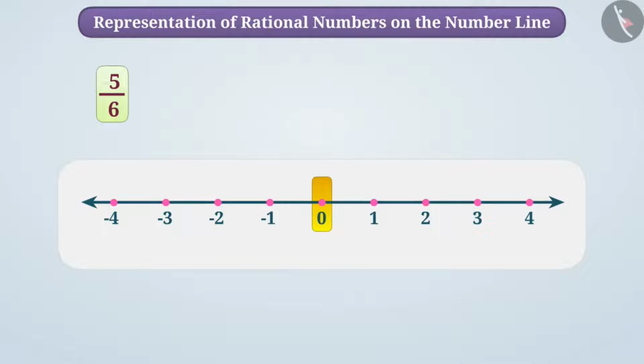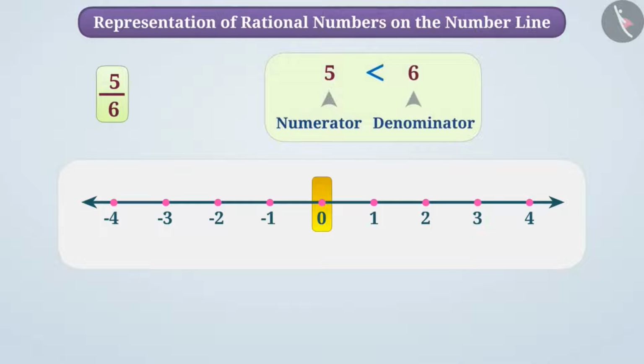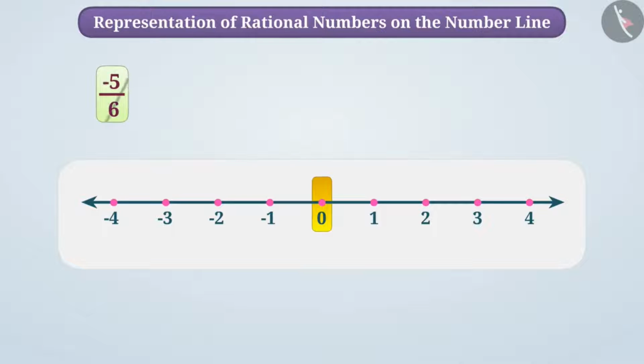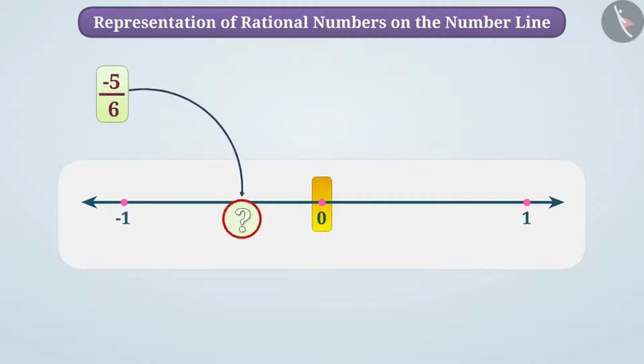Now, we see that the numerator 5 in 5/6 is smaller than 6. From this, it is known that 5/6 is smaller than 1, that is, less than a unit. This tells us that the place of -5/6 is between 0 and -1. To find the exact location of -5/6, we will divide the distance between 0 and -1 into 6 equal parts.